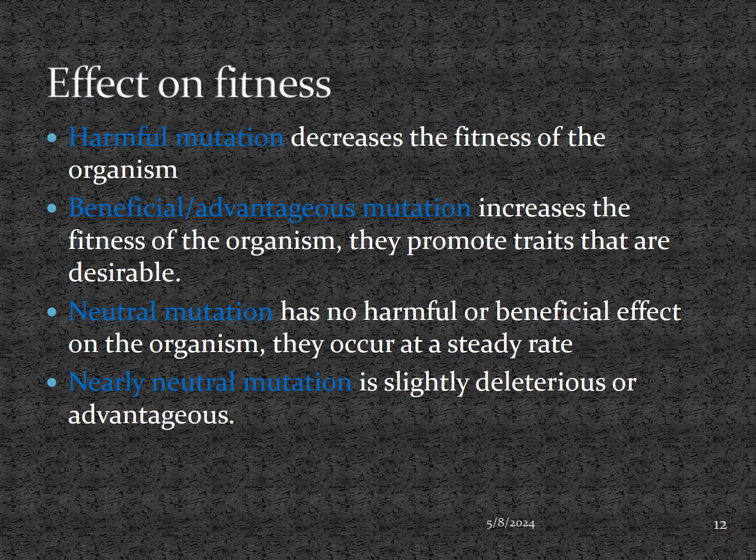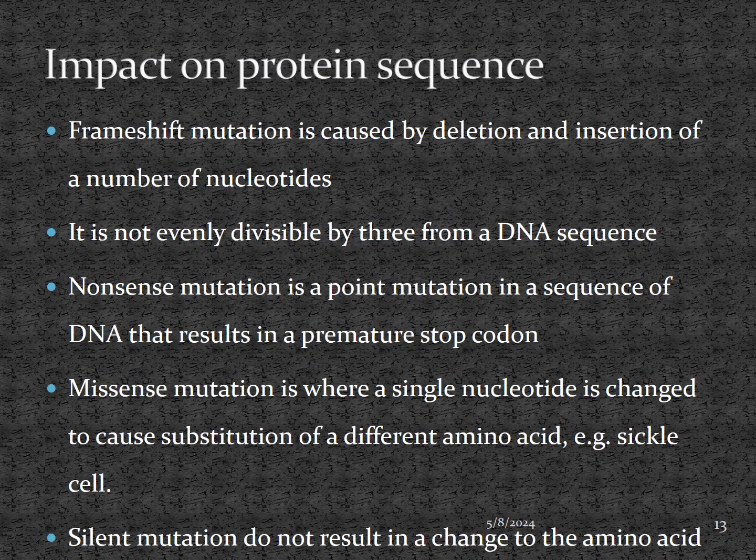There is the theory of use and disuse, where we can keep using something that becomes beneficial in the environment, and it can be transferred to the next generation. But if we are not using that structure, it becomes a recessive gene in the sense that it disappears from a generation. So we have neutral mutations and nearly neutral mutations.